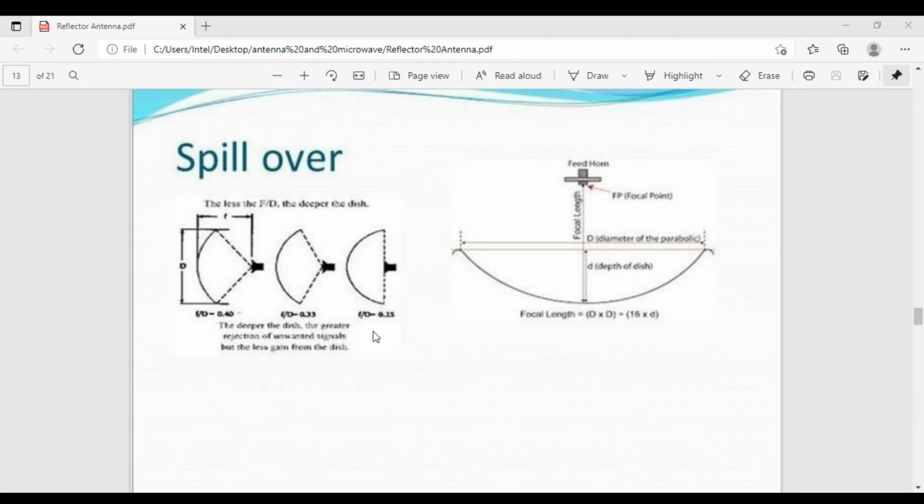If the F by D ratio is very high, automatically more signals will escape from the primary antenna, and the spillover problem will be more. If the F by D ratio is very low, the back lobe radiation will occur more. When the F by D ratio is maintained in a proper manner, automatically the spillover and the back lobe radiation get eliminated.